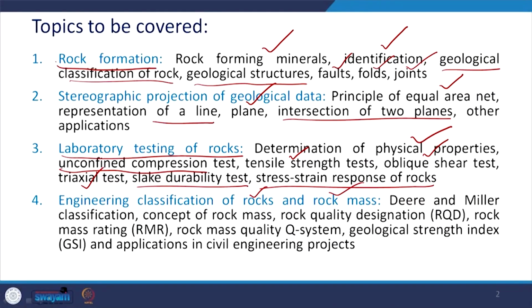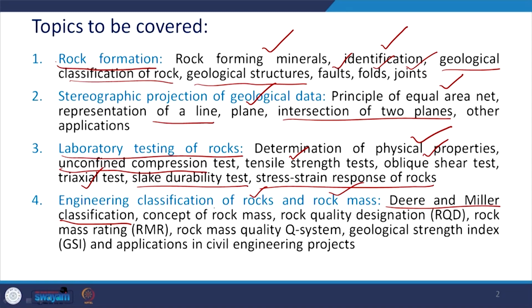Once we are done with this, we will move to the engineering classification of rocks and rock masses. I will introduce you to the difference between rock and rock mass before that, and then we will have the classification system for intact rock, that is Deere and Miller classification.